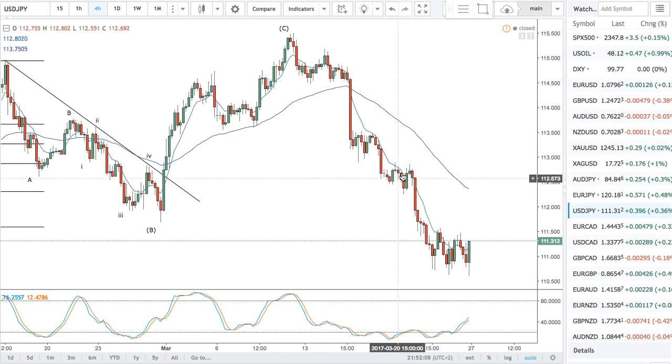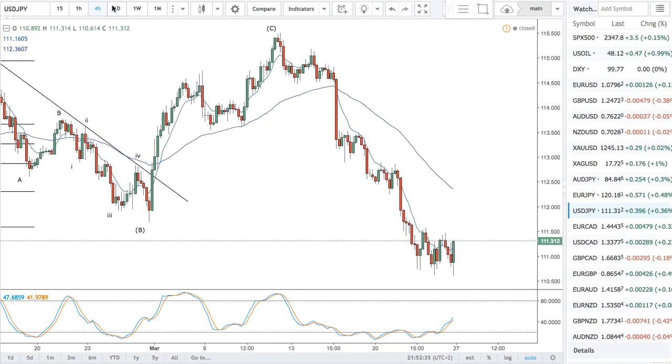Five for 3, 4, and 5. So it's possible this is done now as a 5-wave move. And we have a lot of divergence on the chart, and we see a move up from here.